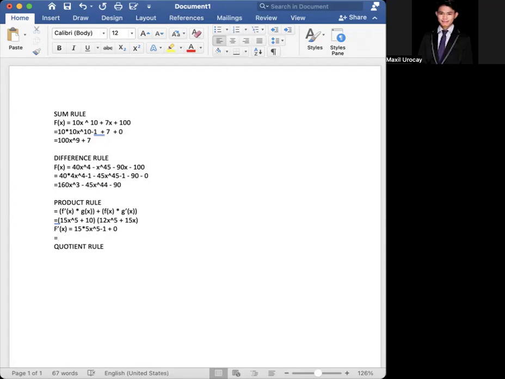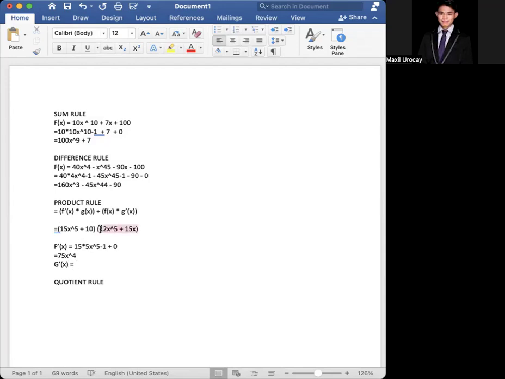Then equals 15 times 5, let me just double check, so 75x to the power of 5 minus 1, it will become 4, plus 0, so there's nothing. So that is the f prime of x. Now, what about the g prime of x? The g prime of x is like this.